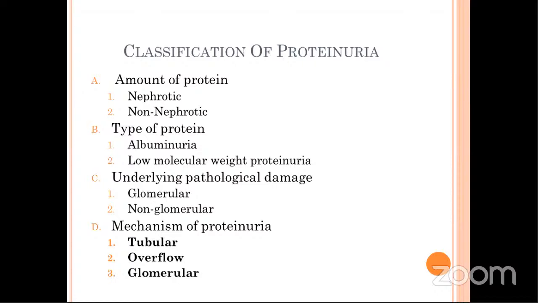I would expand this by saying low molecular weight proteins would be your light chains, the lysozymes, the myoglobulins, etc., along with the high molecular weight proteins. The underlying pathological damage can be non-glomerular or glomerular.